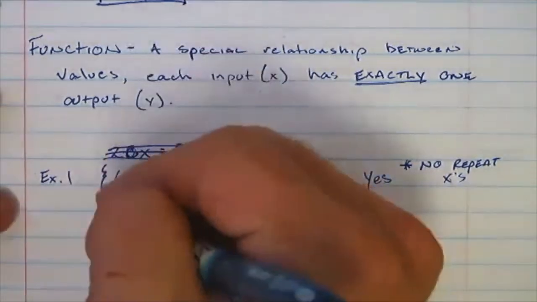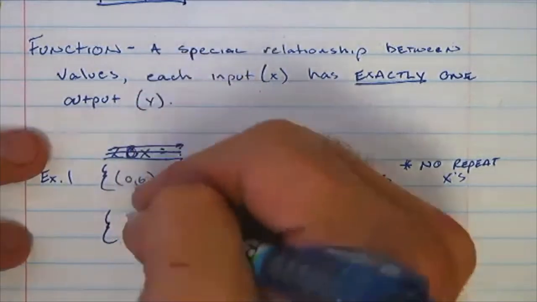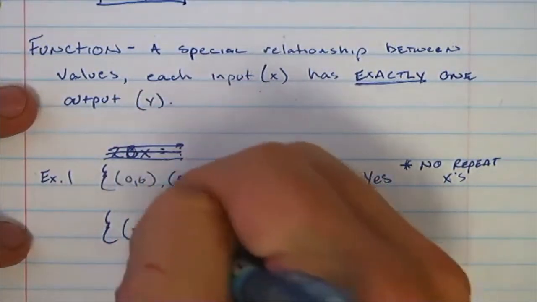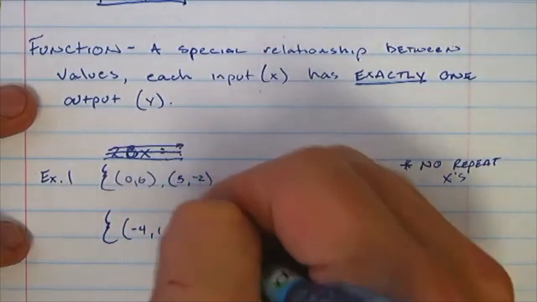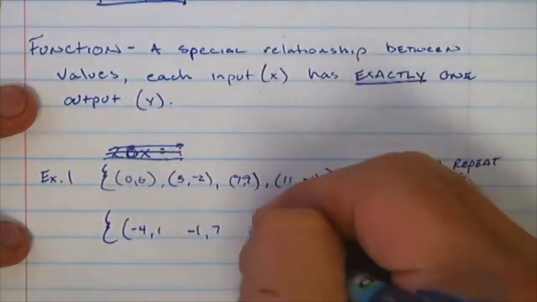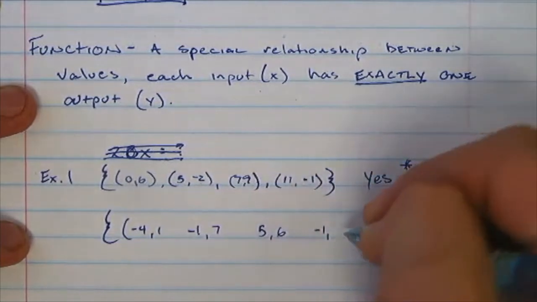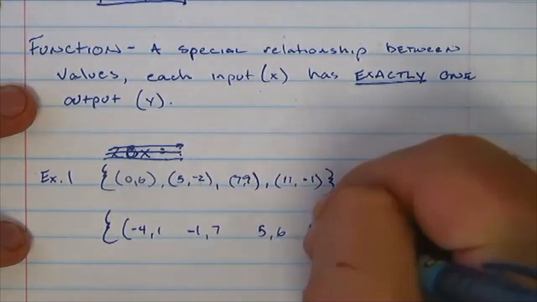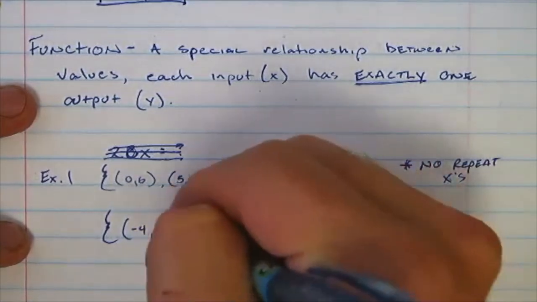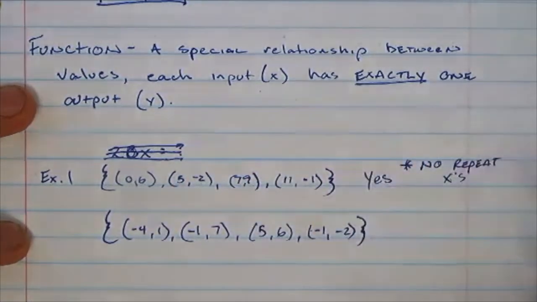However, let's go to another quick example here of another set of ordered pairs. So (4, -4), (1, -1), (7, 5), (6, -1), and (-2). We'll close them all in so it looks nice and neat and organized, and close it all off as a set.